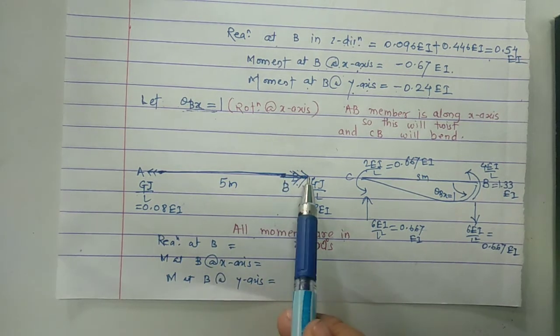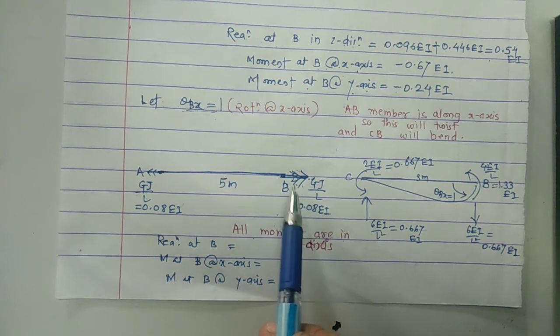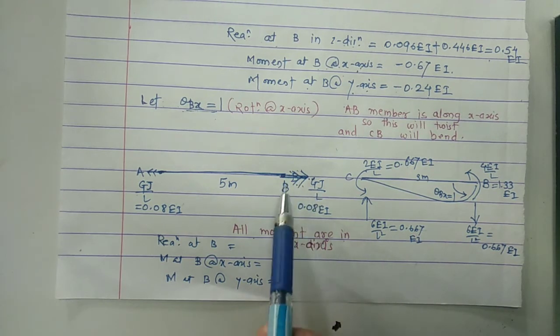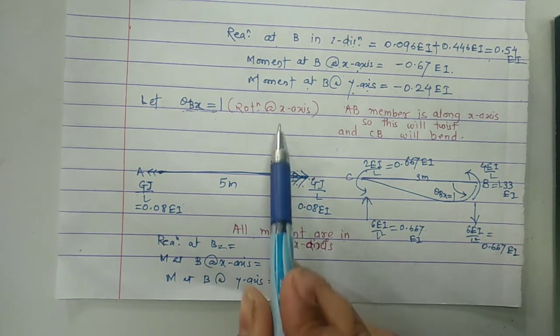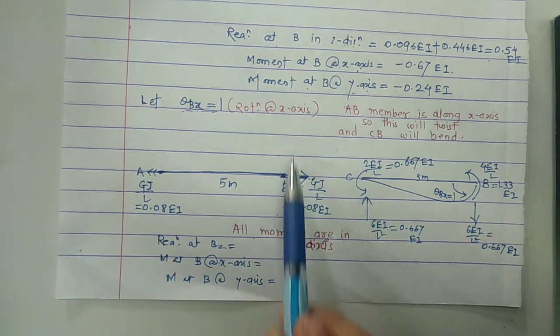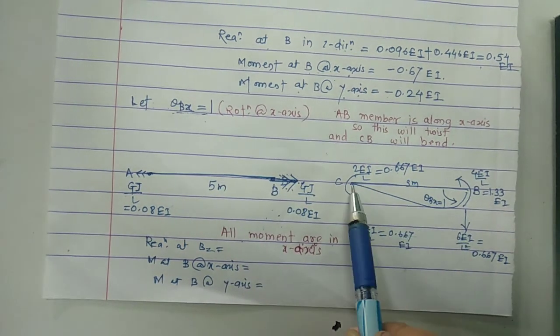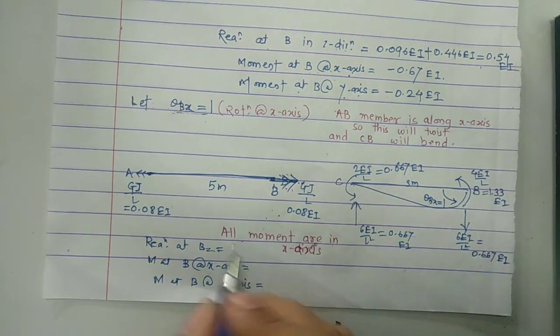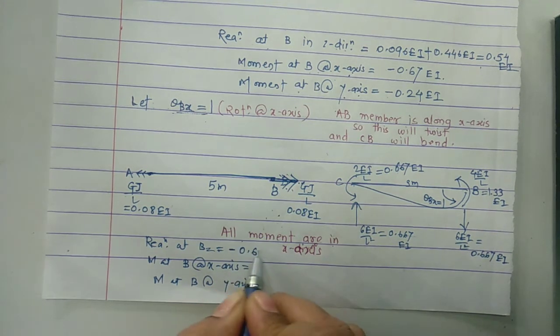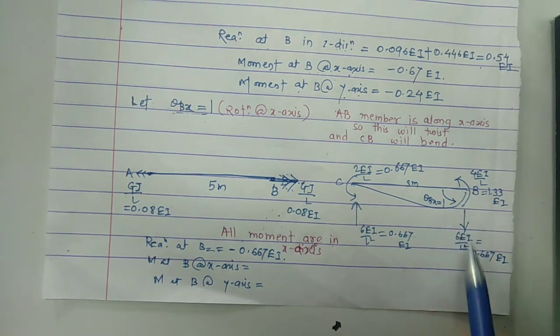Remember this double headed arrow, it is not a reaction, it is twisting moment GJ upon L. Reaction here we want only in z direction, that is our vertical direction, no reaction here. See second member CB, at B point this is the reaction in downward direction, so here write minus 0.667 EI. Okay, that is the reaction at B point in z direction.